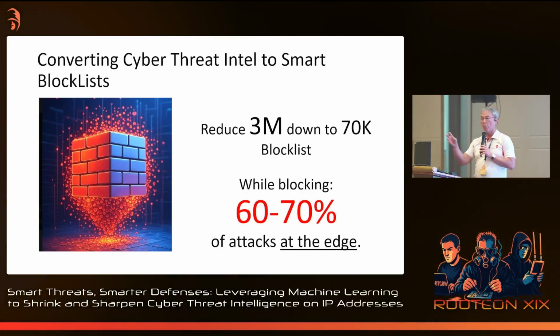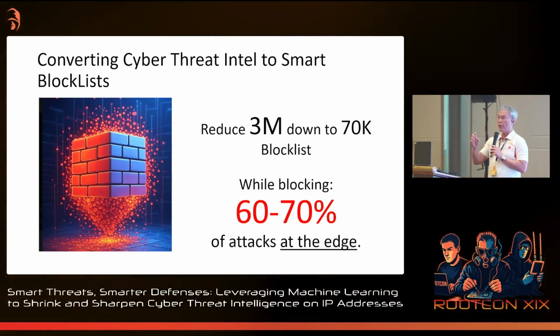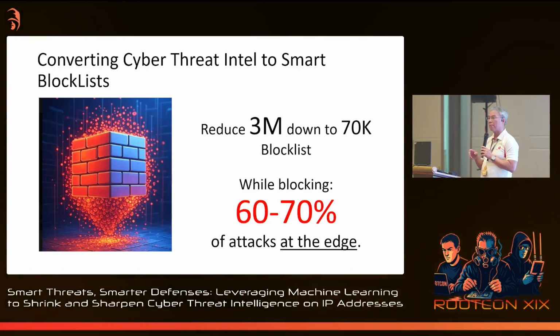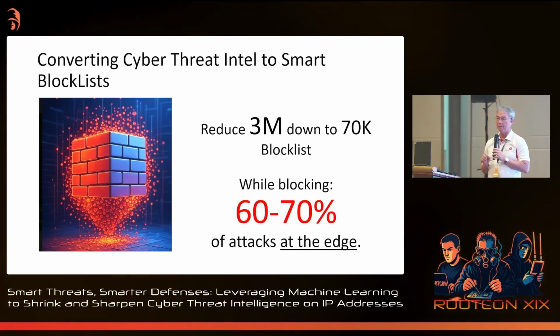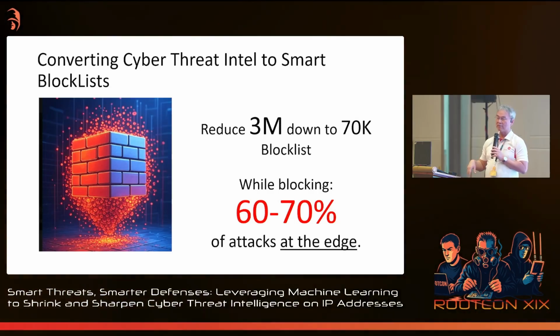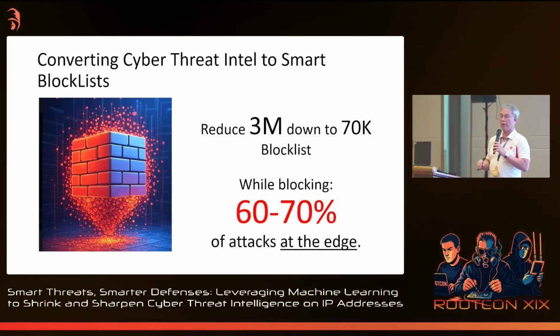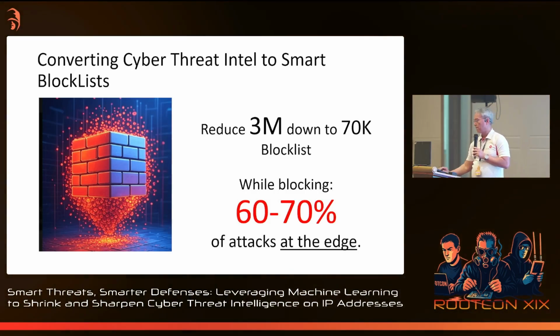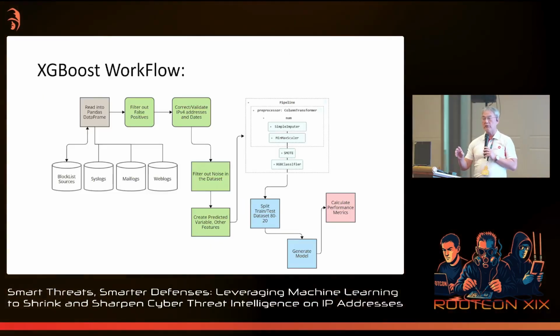So our goal here is, can we reduce 3 million bad IPs into something less than 70K? And we did. But now, as of this writing, it's 4 million bad IPs that we are able to reduce to 80K, and still block 60 to 70%.